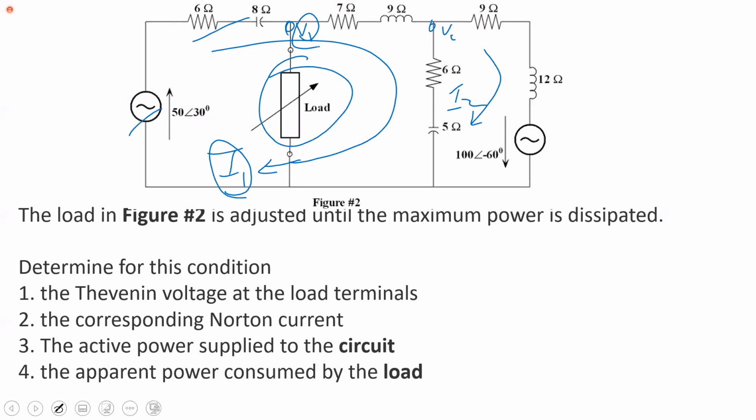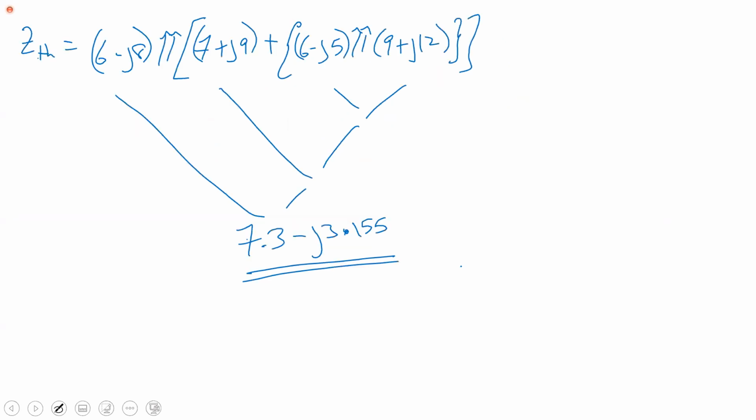All right, so we have the Thevenin voltage. We wanted the corresponding Norton current. So of course, I Norton would have been equal to E Thevenin divided by Z Thevenin.